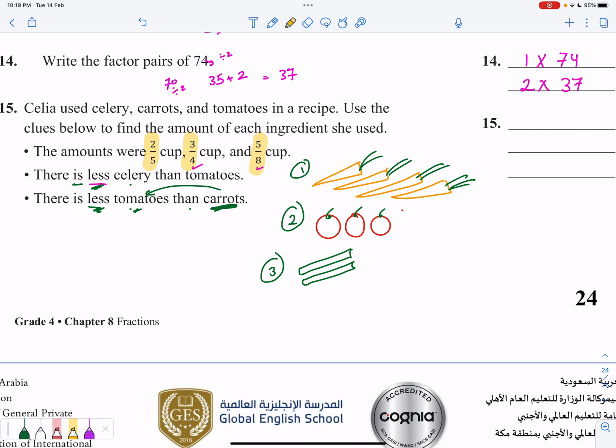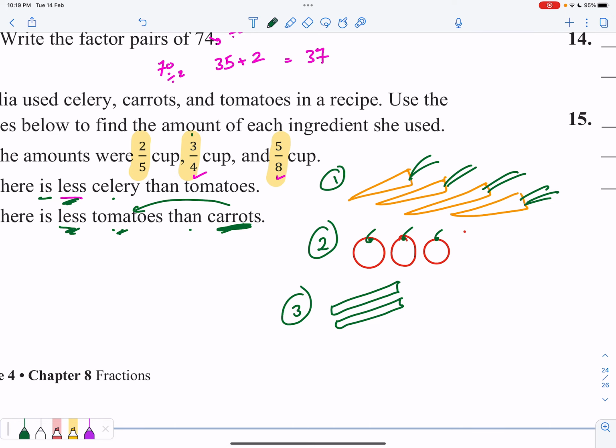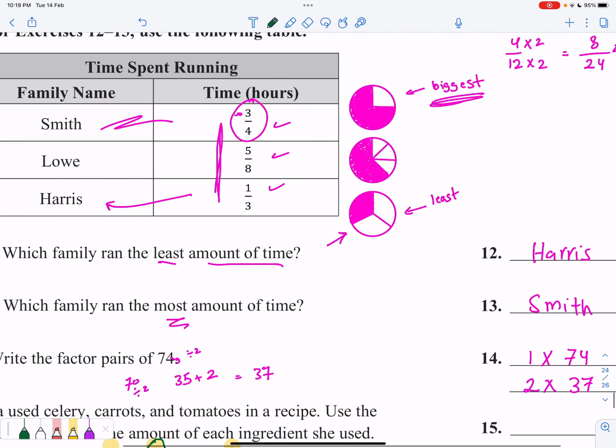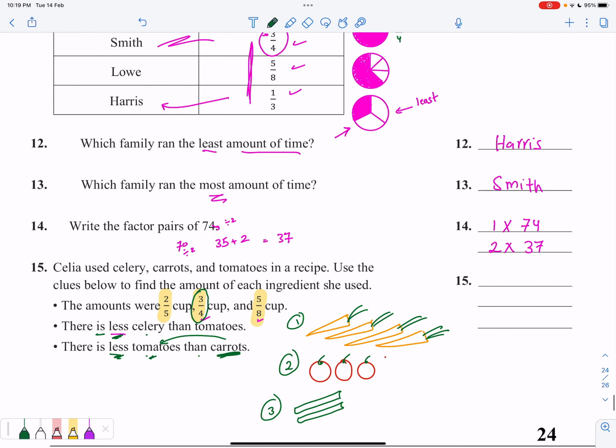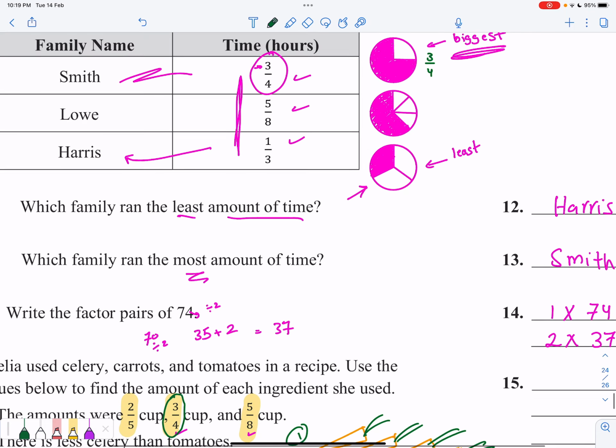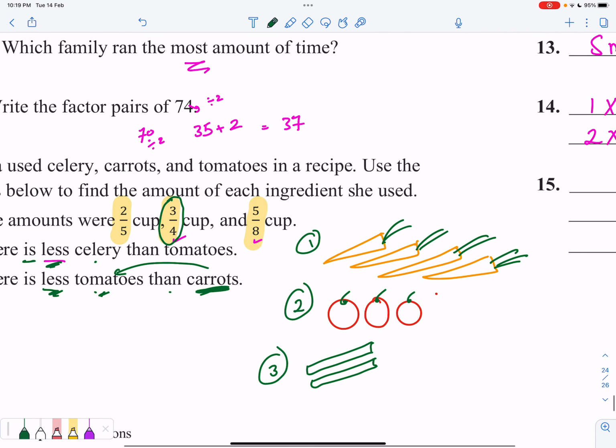So what is the biggest fraction between these 3? Clearly it is the 3 over 4, which we draw here. We have 3 parts out of 4, so this is a lot. Compared to these, the 3 over 4 is the greatest fraction.